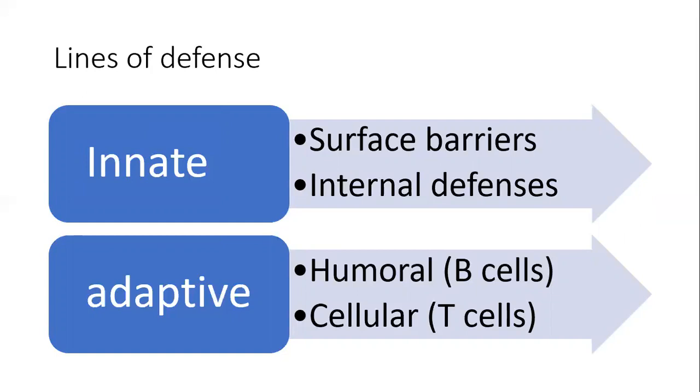Within the innate, which is what you're born with, there are surface barriers like your skin, and internal defenses like the inflammatory response. Then another line of defense is the adaptive immune system, and that is specific, and its onset is delayed. There are 2 subcategories of that: the humoral immune response, which involves B cells, and the cellular immune response, which involves T cells. Now, we're not really going to talk about that today, but it's out there and it's good to know about.